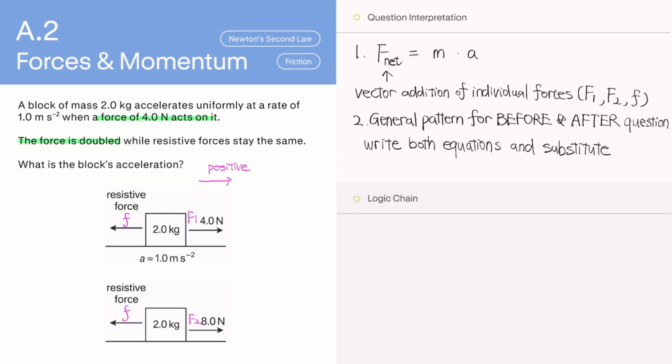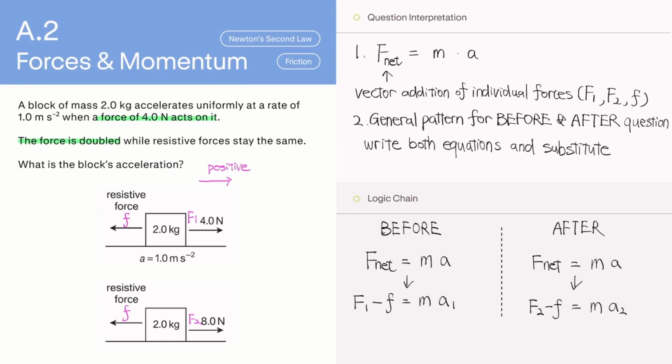Alright, logic chain. Here is our roadmap. First, apply Newton's second law to both before and after cases. Then determine the net force from the individual forces acting on the block. From the question, we know F1, m, a1, and on the right, F2, m, and we need to look for a2.